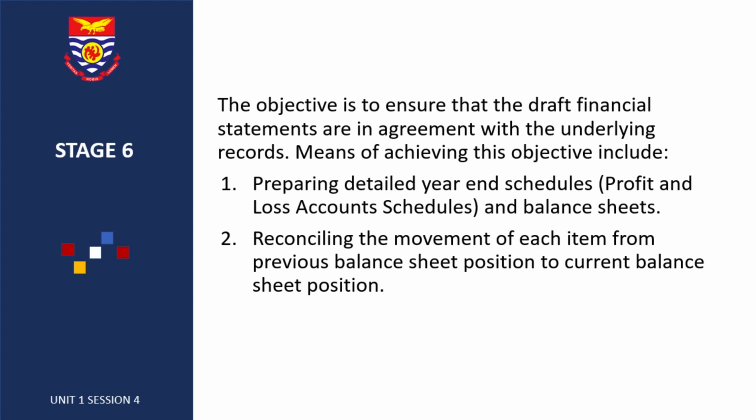So you have to prepare this reconciliation and the movement of items from the previous year to this current year. If you're able to do these two things, you'll be able to achieve the objective of ensuring that the financial statements are in agreement with the underlying records.